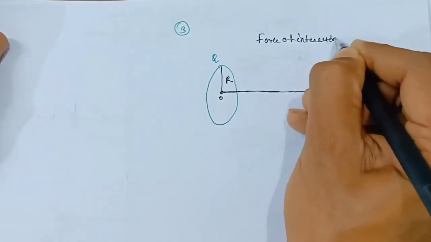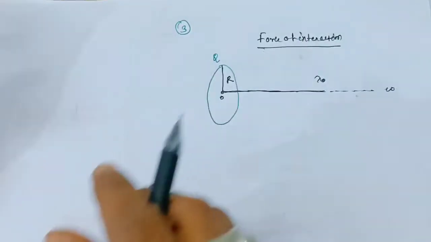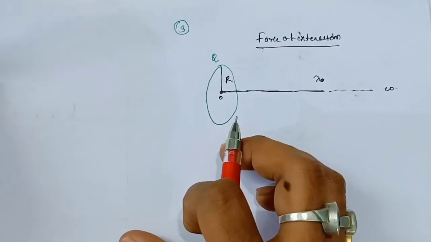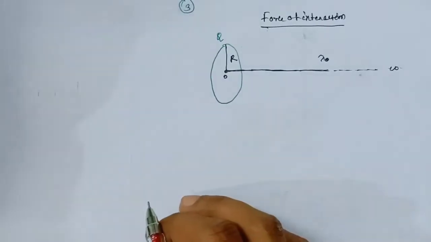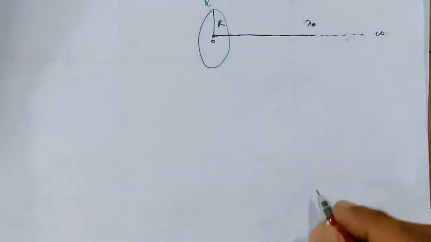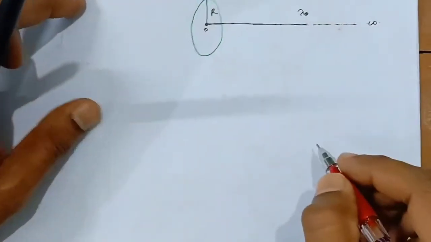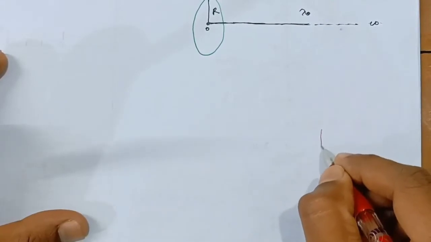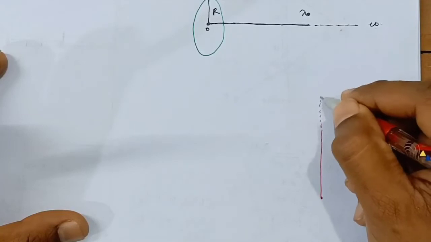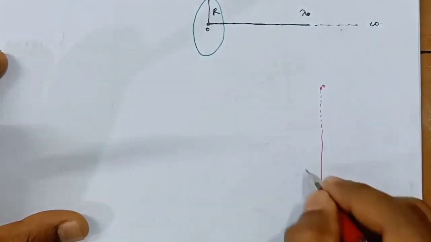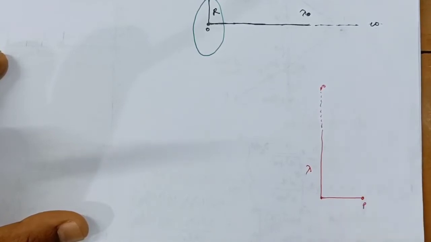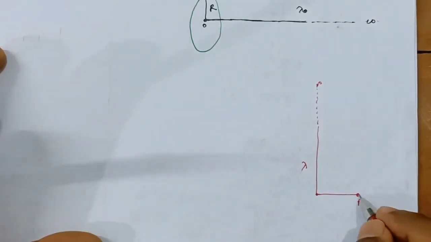Solving this question, a student must be aware of the expression of electric field due to a one-end-infinite rod. If I recall a little, a student must think about it very carefully. Suppose this is my rod, one end goes to infinity like this, having line charge lambda, and P is a point. At this point, what is the expression of electric field?